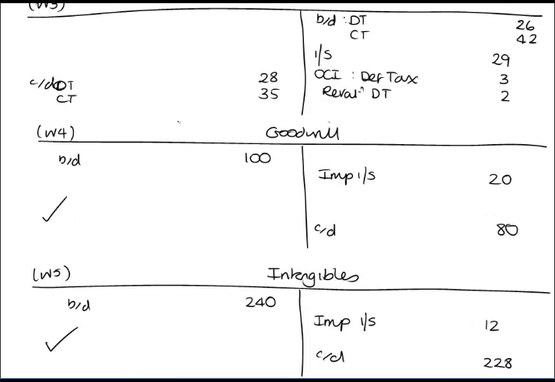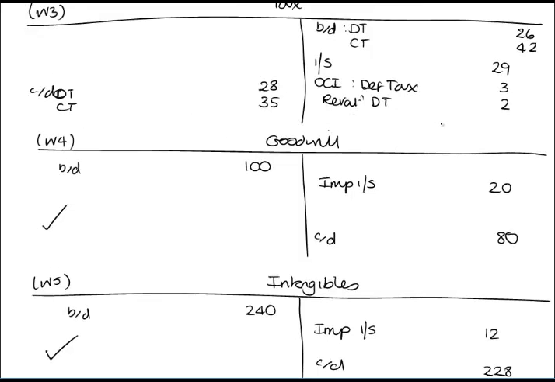What we now need to do is to tidy up our T accounts. If we go to our tax account, our balancing figure works out as 39. So this is cash. What do we do with tax?